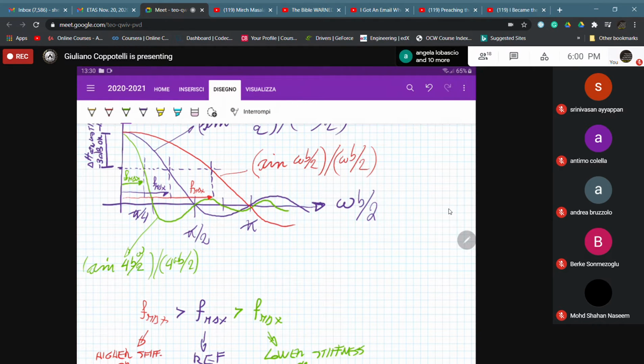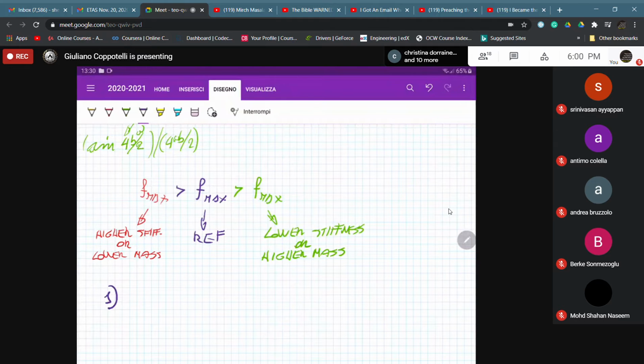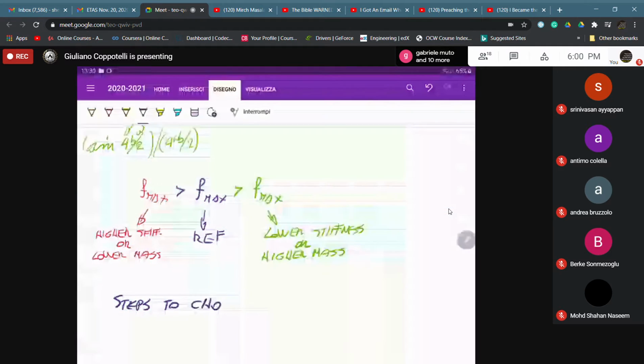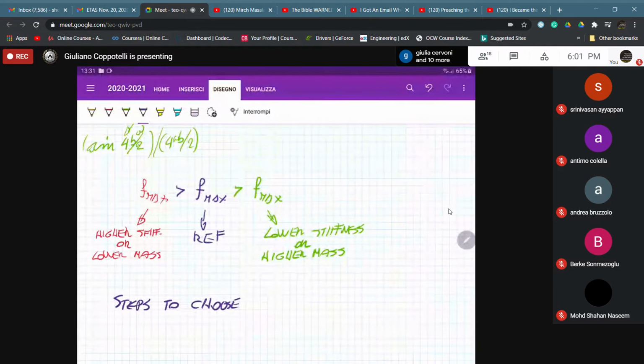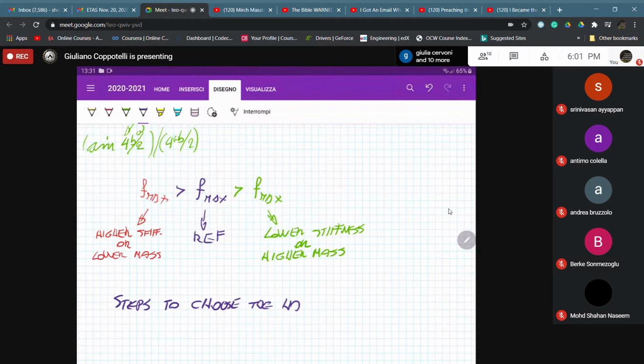Okay, so once again, I'm writing these steps to choose the hammer configuration.